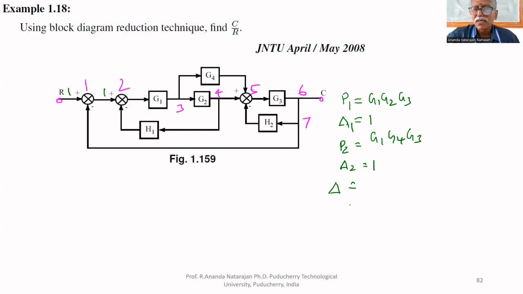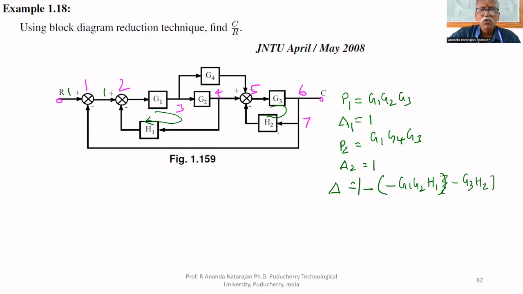Delta means 1 minus sum of gain products of individual loops. This is one individual loop. That is minus G1, G2, H1. This is another loop. Minus G3, H2.